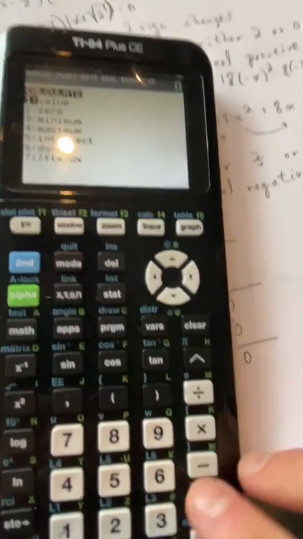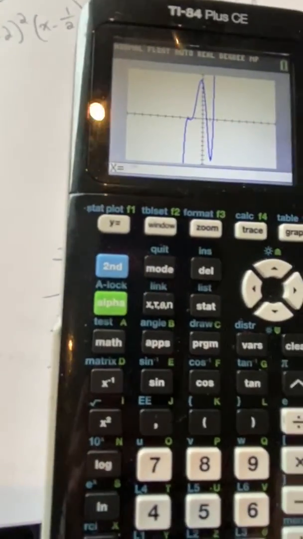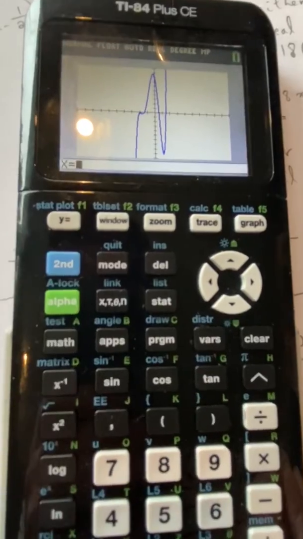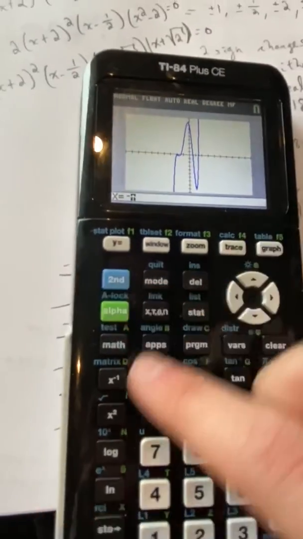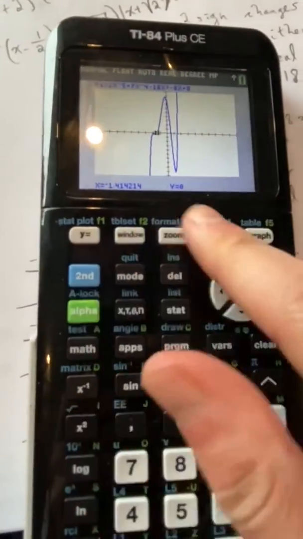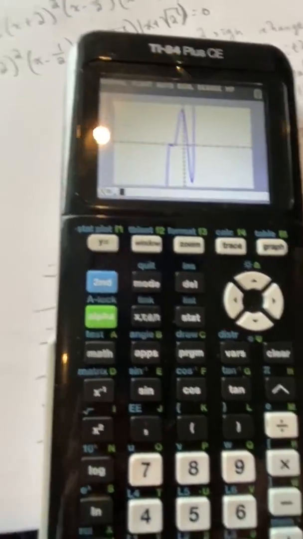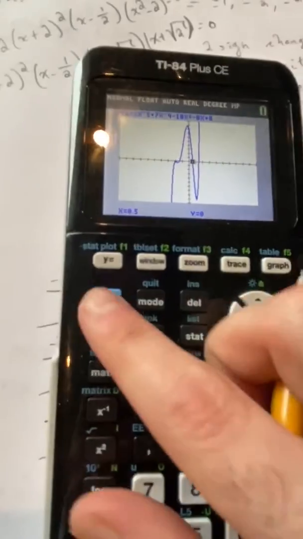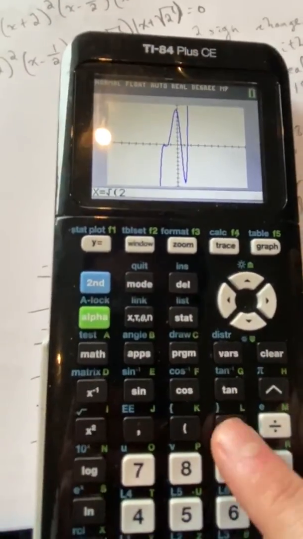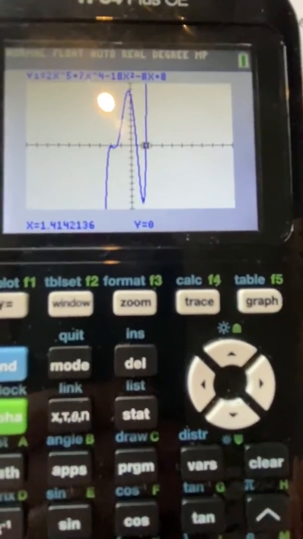We'll calculate the value when x is negative 2: 0, that's good. We'll do it when x is negative square root of 2: 0. We'll do it when x is 0.5: 0. And we'll do it when x is positive square root of 2, and again, we get 0.